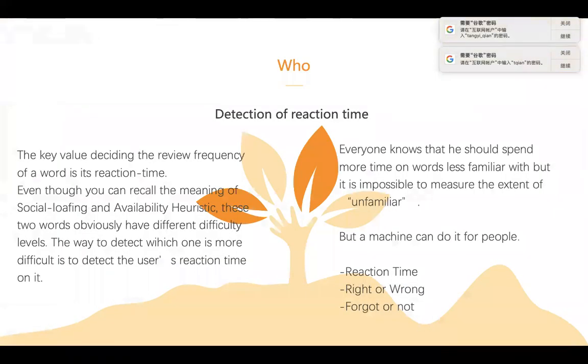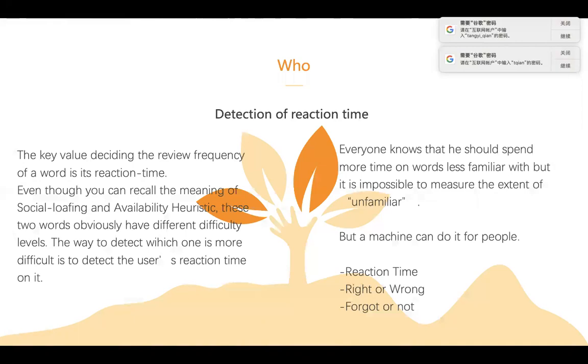There's a very important thing in my system, which is the detection of reaction time. I mean, the key value deciding the review frequency of a word is its reaction time. Even though you can recall the meaning of social loafing and the availability heuristic, these two words obviously have different difficulty levels. The way to detect which one is more difficult is to detect the user's reaction time on them.